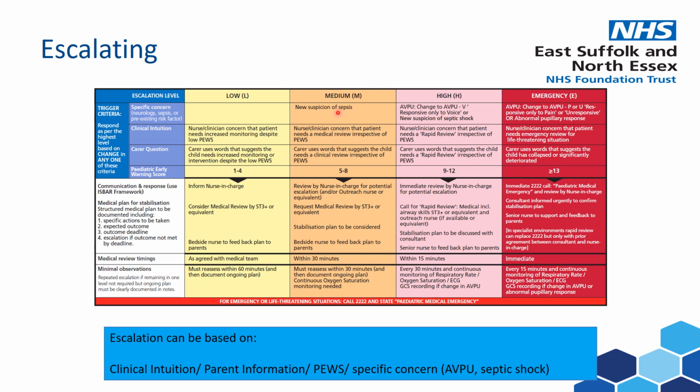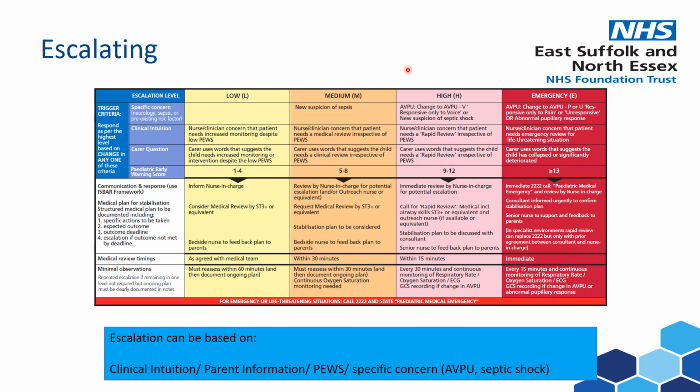So any child with a new suspicion of sepsis is put into a medium level of escalation. Any child where they've got a change in AVPU, so they are only responsive to voice, or there's a new suspicion of septic shock, this puts them into the high level of escalation. For this one here, if they've got a change in their AVPU, maybe they're only responsive to pain or they're unresponsive, this puts them into the emergency level of escalation.